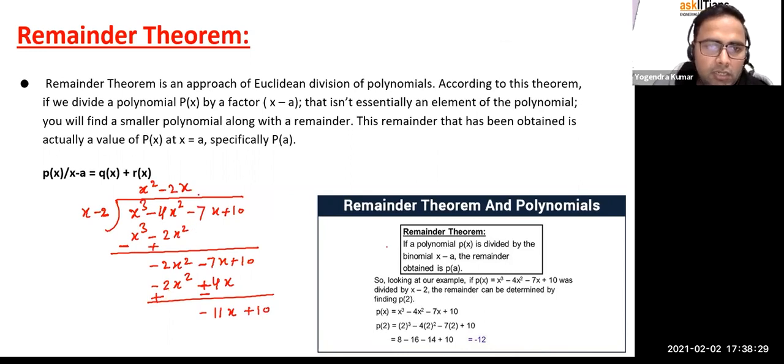Now what should I multiply here? Minus 11, so that I get minus 11x and minus minus plus 22. Now we need to subtract again, so the sign changes. So minus 12 is what we got as the remainder.